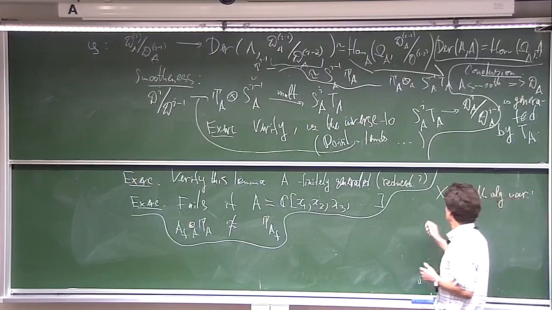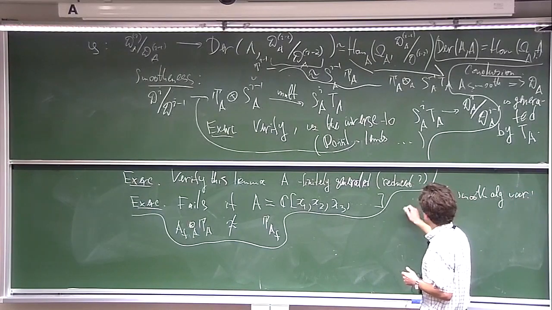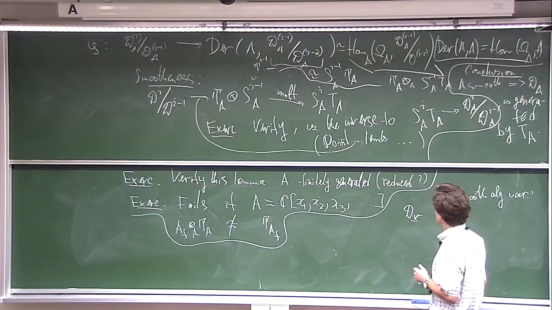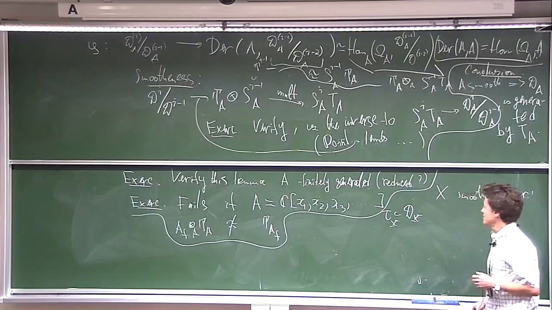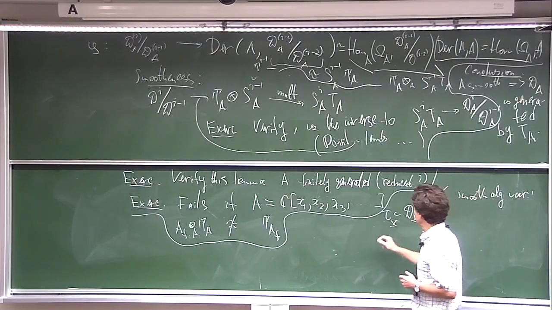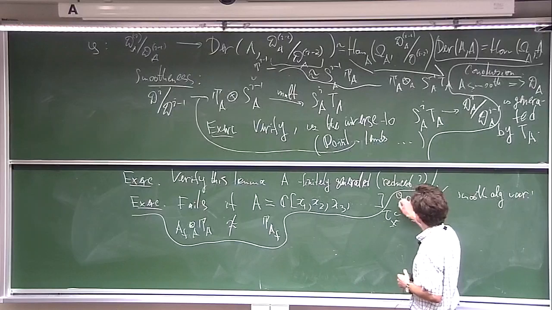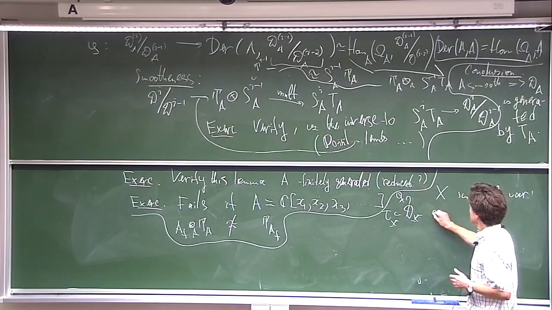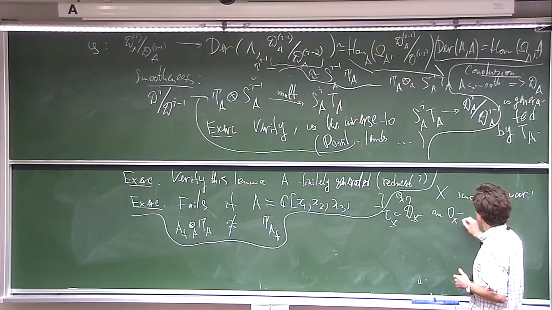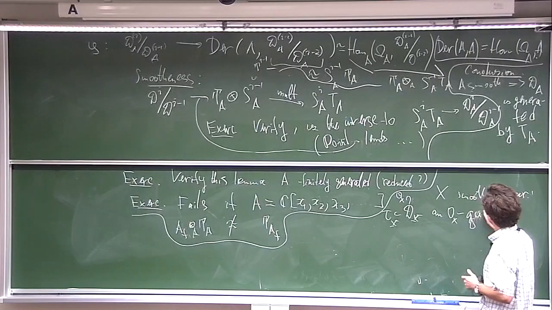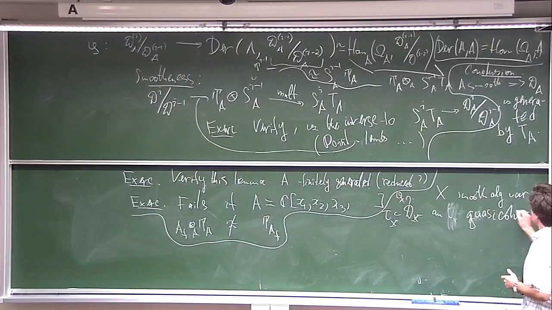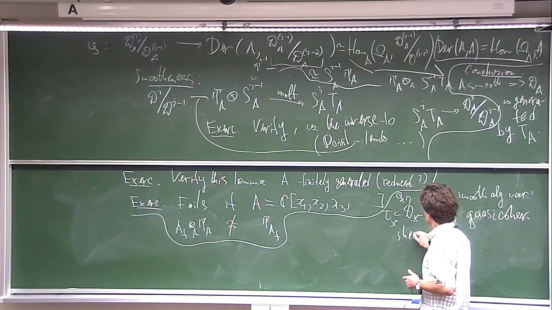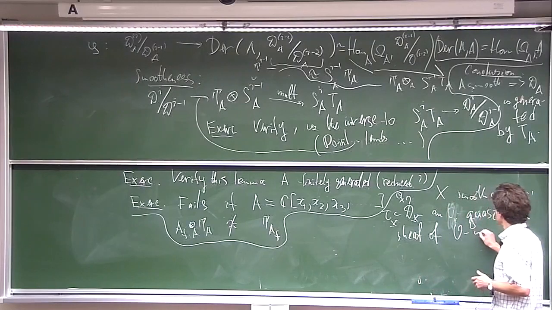Then there is a D sub X containing the sheaf of vector fields and the sheaf structure, and O_X quasi-coherent sheaf of homogeneous.